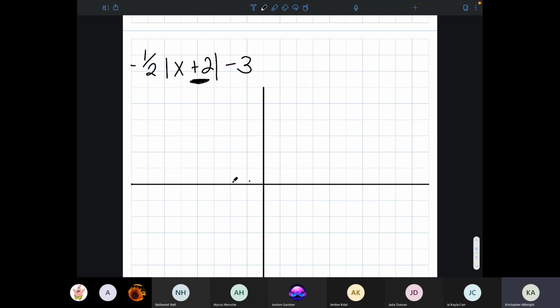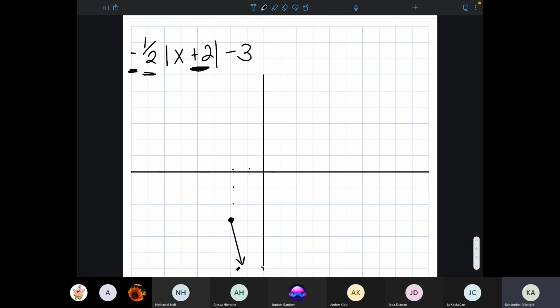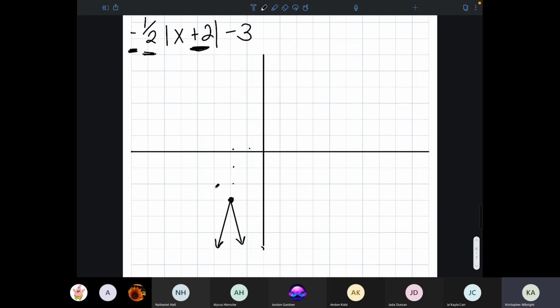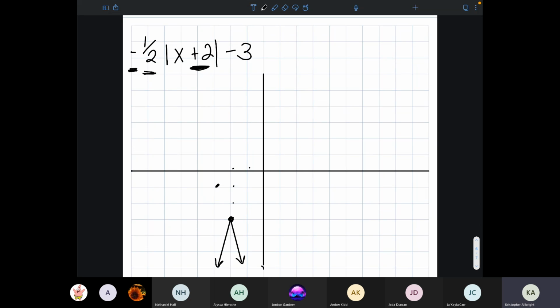So that's down 3. So 1, 2, 3. Put the dot here. We see that it's negative, and we see that it shrunk by 1/2. So we shrink it, and we face it down. Is that good enough?